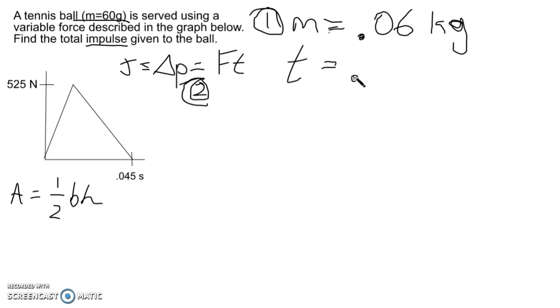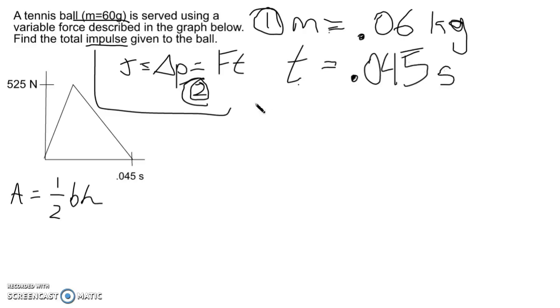I'm just going to lay out the data first. That's our formula over here. For our data, time: this whole system takes 0.045 seconds, and the standard unit in physics for time is seconds. And the average force is the constant, the middle of all the values.